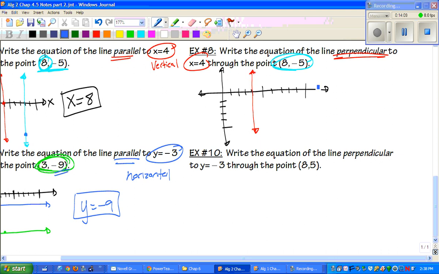Except now we want a line that's perpendicular through 8, -5, which means we want the opposite reciprocal slope. So when we draw this, we want these lines to make a 90-degree angle. And the perpendicular slope of a vertical line would be a horizontal line. That's where they make a 90-degree angle. So for this one, we're looking at y, and the y equals -5.